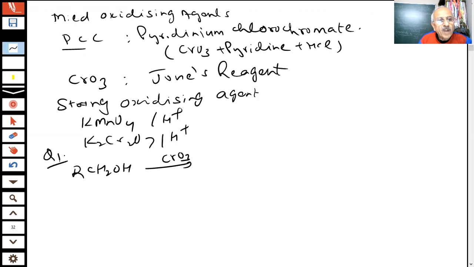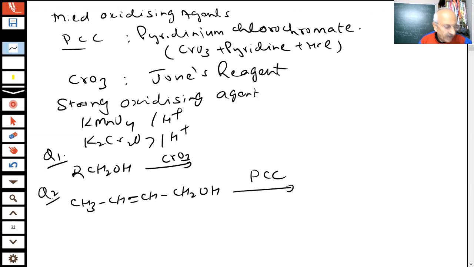For example, students, question one, you have to write the products. You have to write the products in these two cases. You are getting 30 seconds.